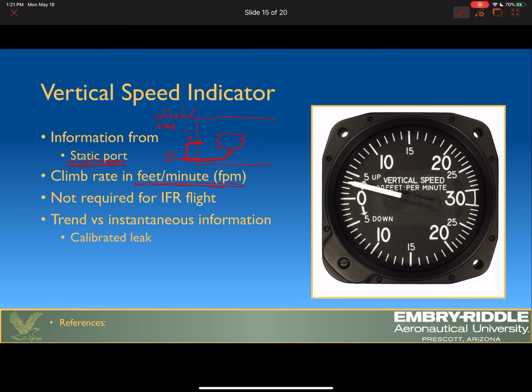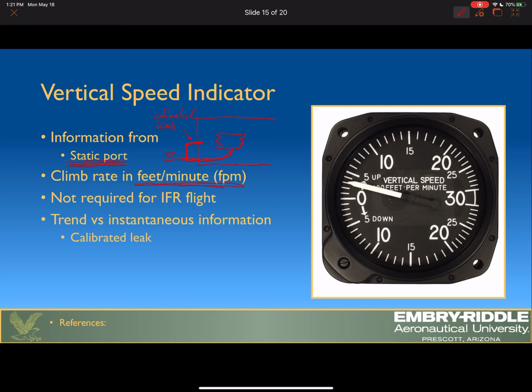So it tells us whether we are climbing, and it tells us whether we are descending. It tells us trend versus instantaneous information. So it tells us our rate of climb.